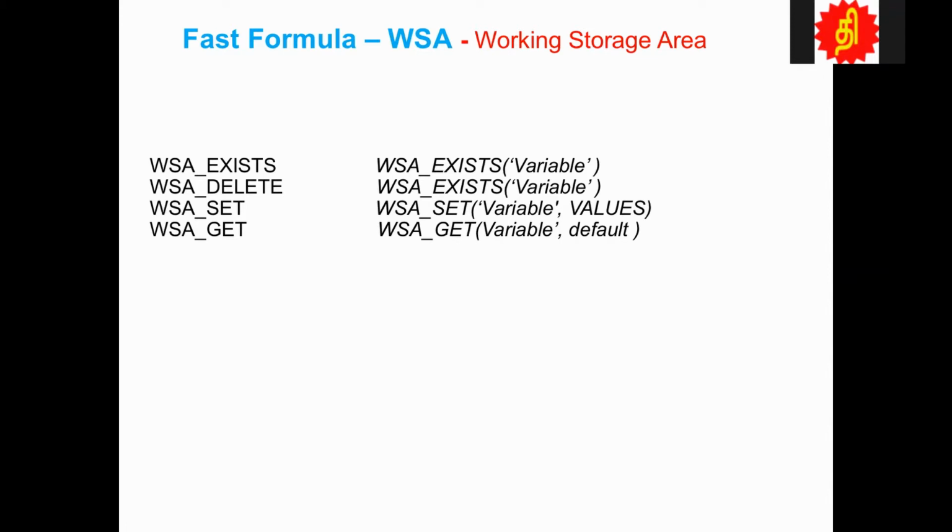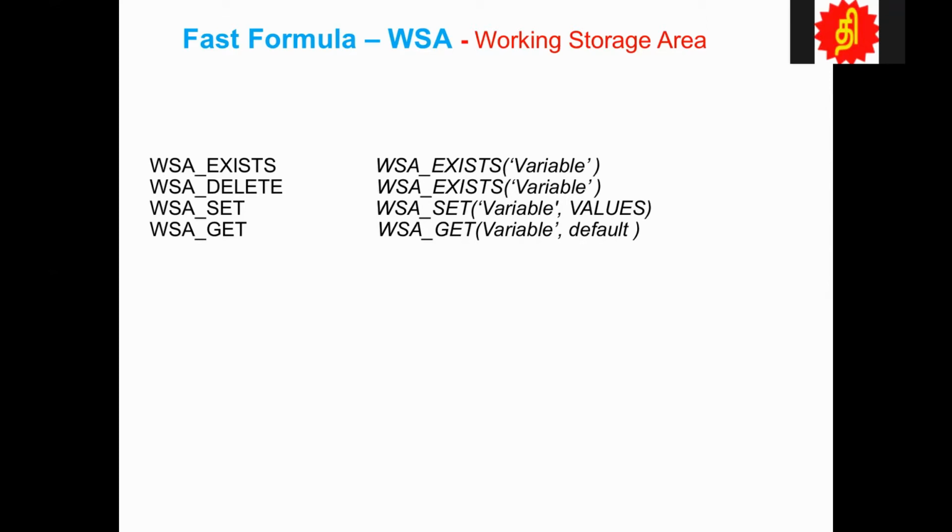And you can use the get function to get the value, and you are going to give a default. We know that there is nothing called a null, so you always give a default value. Then you can validate the default value to check if this variable is set, coming from a WSA get or not. So you can set the value and you can get the value.